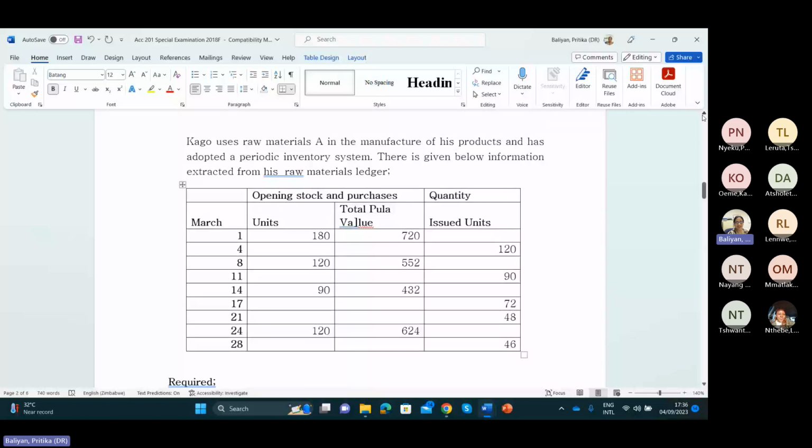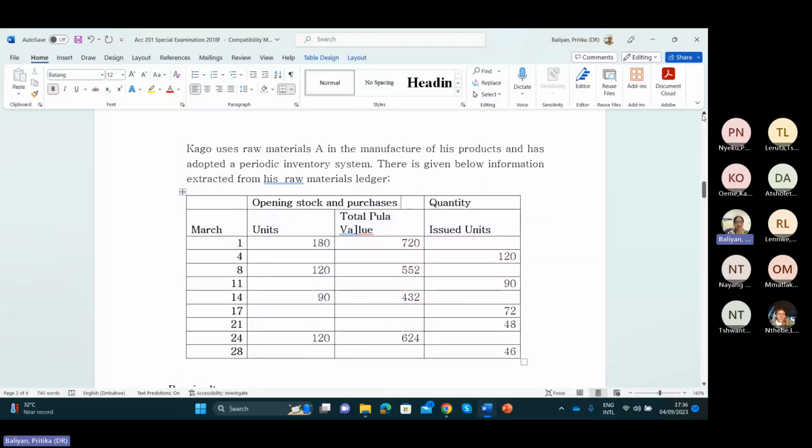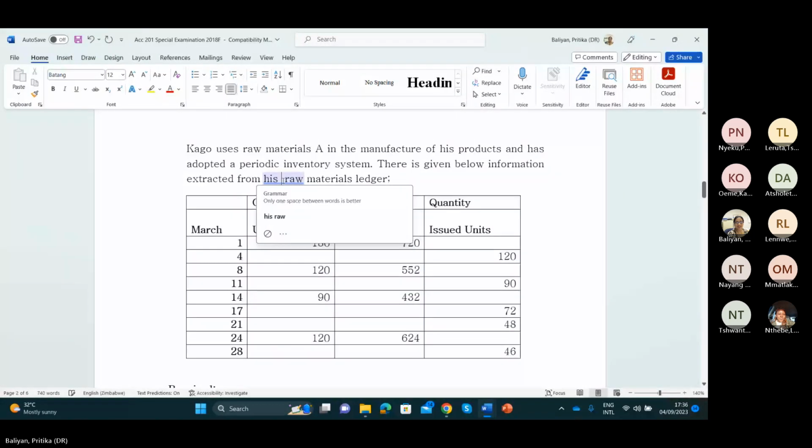Kagoso Cow uses raw material A in the manufacturing of his product and has adopted a periodic inventory system. Given below is information extracted from his store ledger.